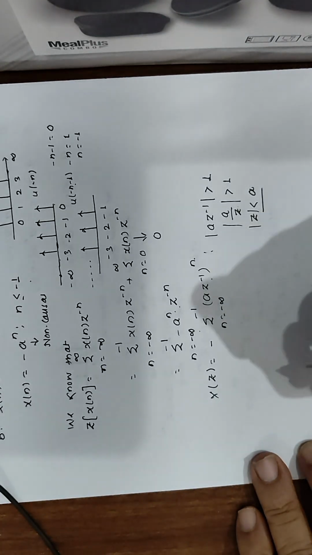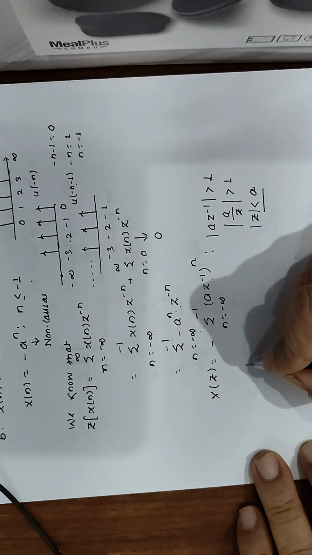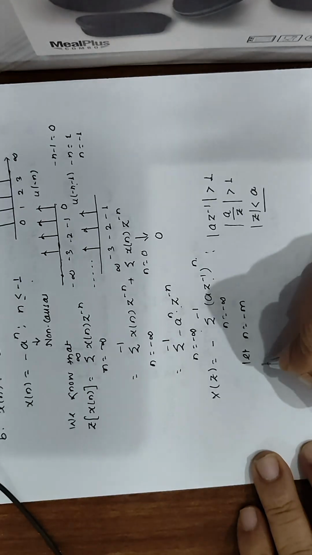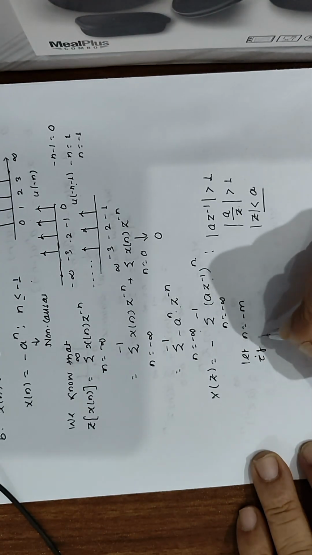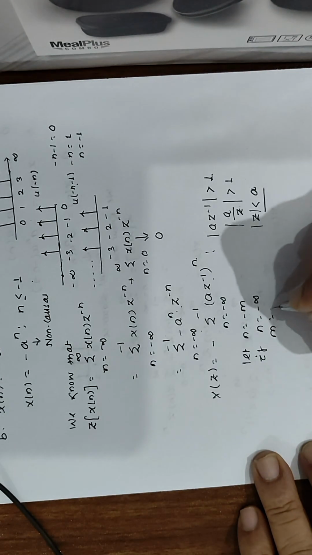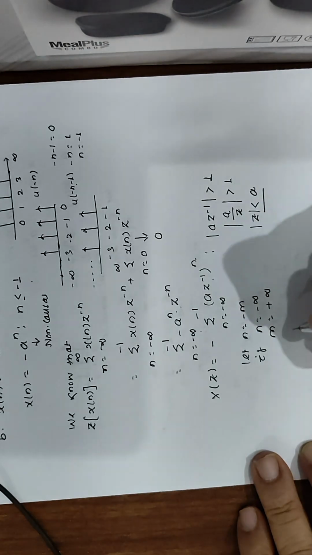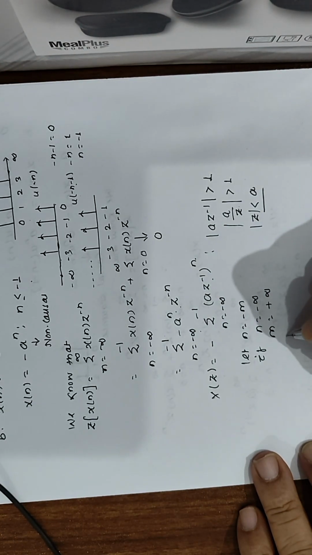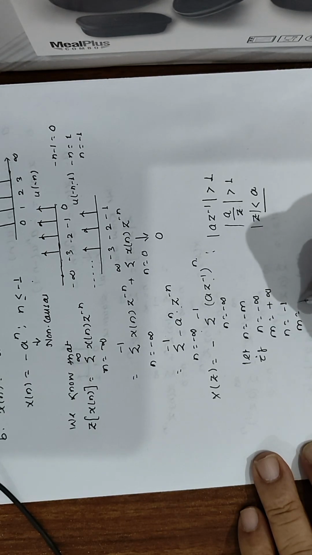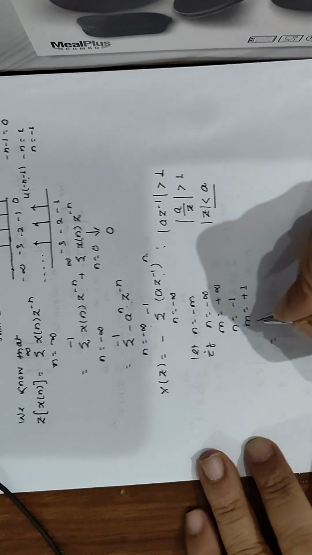Now let n equal to minus m. So when n is minus infinity, m becomes plus infinity, and when n is minus 1, m will be plus 1. Substitute this here.